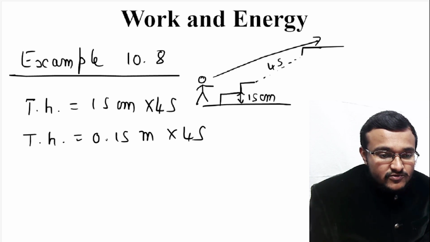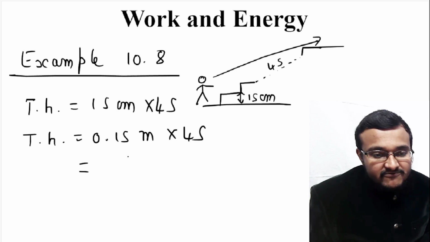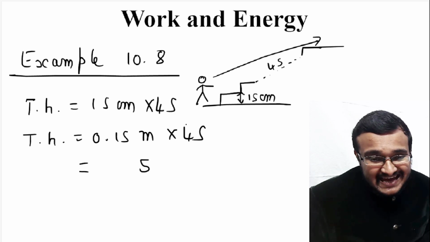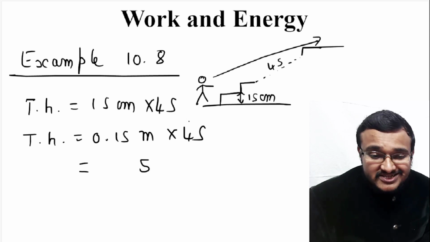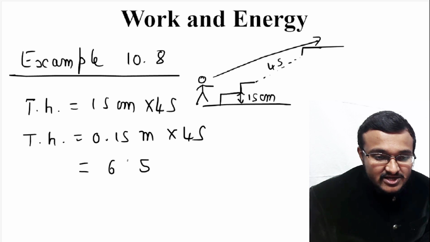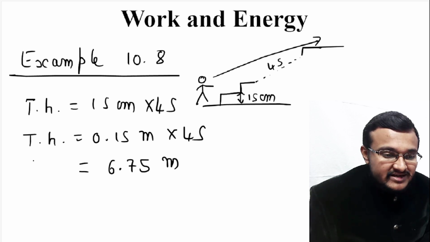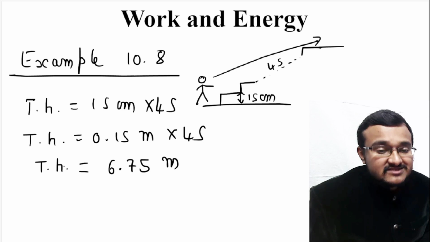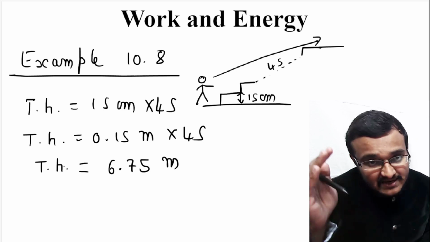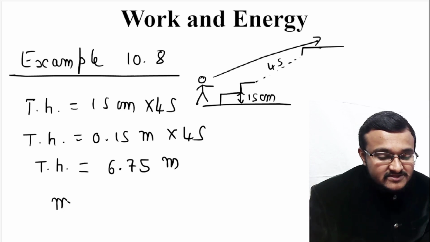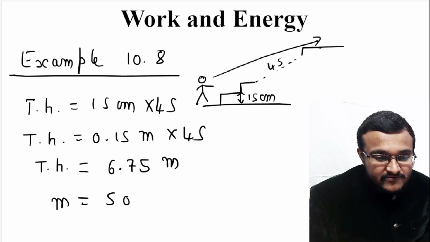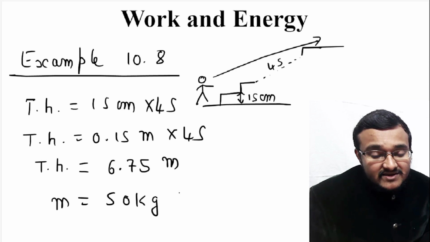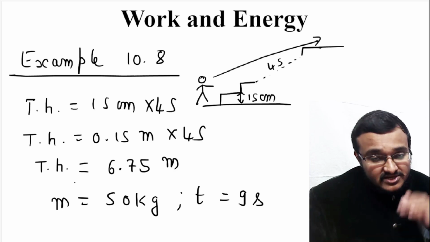When you do 45 into 0.15, you get 675, so after two decimals you put the point. So 6.75 meter is the total height this boy has climbed, and the mass of this boy is 50 kg, and he has taken 9 seconds to reach the top.